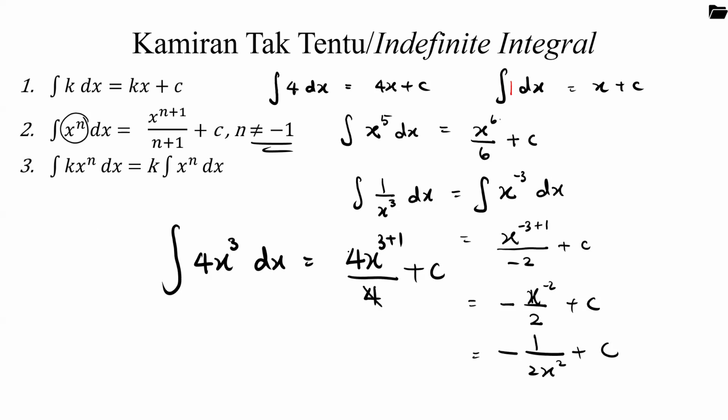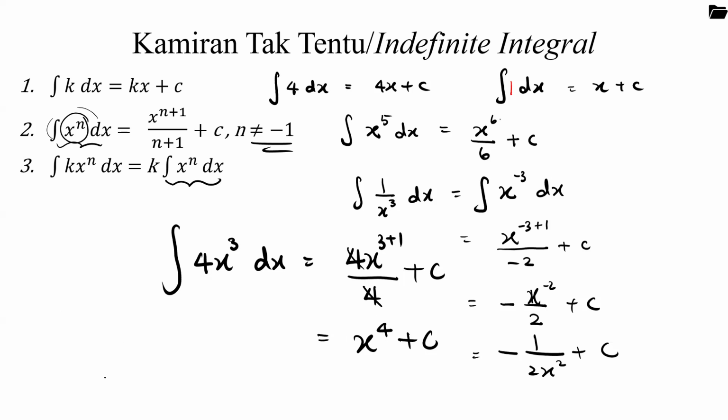And this can be simplified. So the answer will be x to the power of 4 plus c. You can choose not to take out, it's fine. But the point is, we just integrate just like how we do for number 2. That's all. So you can just leave the 4 there, increase the power by 1, divide by the new power. Simple? Easy, right?